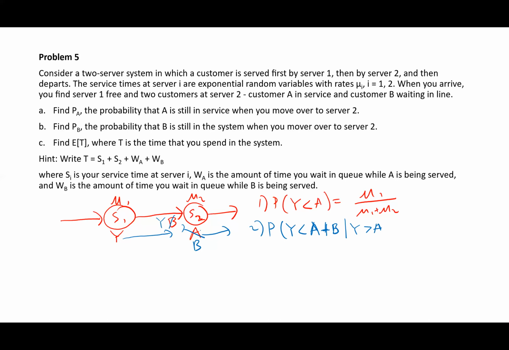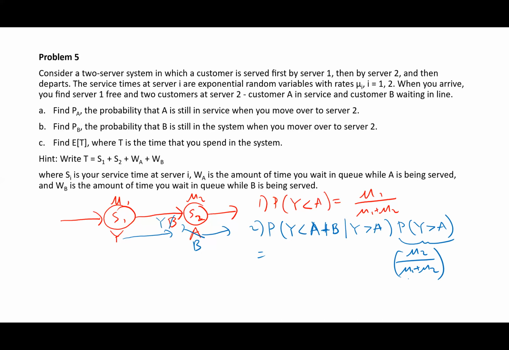After A leaves, the next thing to happen is for me to finish before B and walk right over, right? So you have to multiply this by the probability of Y, or me, finishing before A actually happens. If I write out just this part, the probability that I finish after A would simply be mu2 over mu1 plus mu2, because the person at server 2 has finished before the person at server 1.